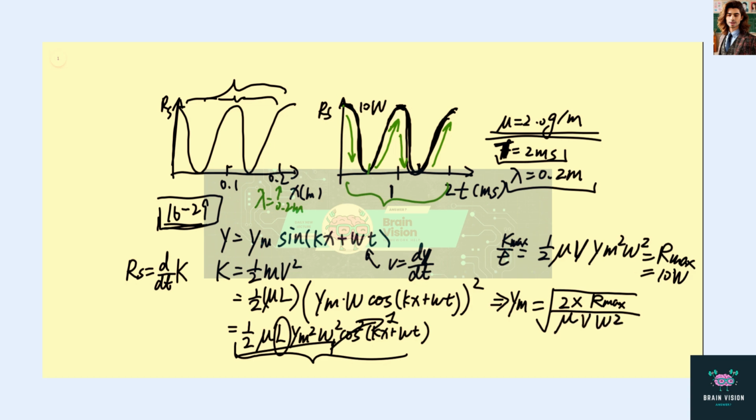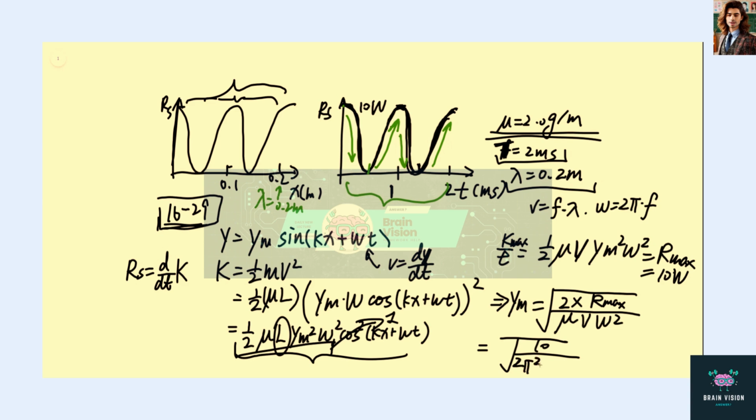And then we know that v is lambda times f, and omega equals 2 pi times frequency. We plug these in, and we get y_m equals 10 over omega squared, and then there is a 2, so it ends up 4 pi squared.